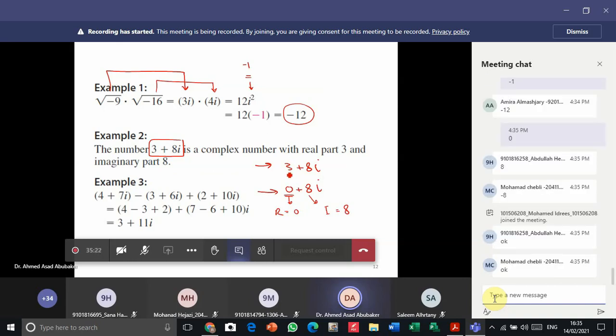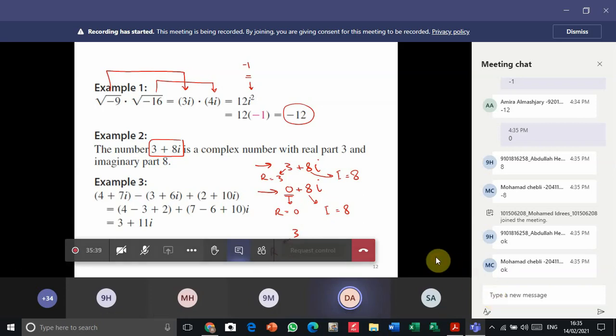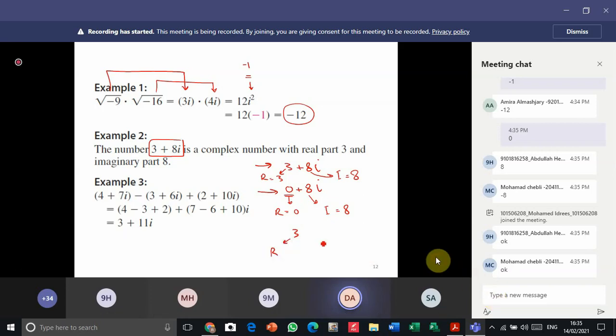Here we have real part equal 3 and imaginary part equal 8. But if we have the number 3 only without I, this is a real part only. We don't have an imaginary part. Imaginary equals 0. Okay.